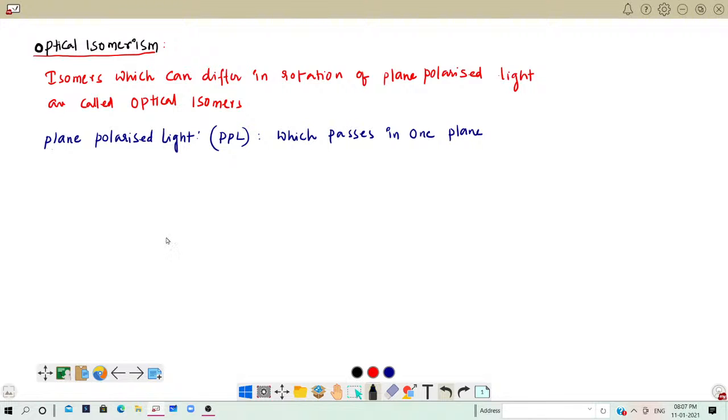How do we get this plane polarized light? Suppose normal light is there, a normal ordinary bulb. Now there is a filament which emits light in all directions.